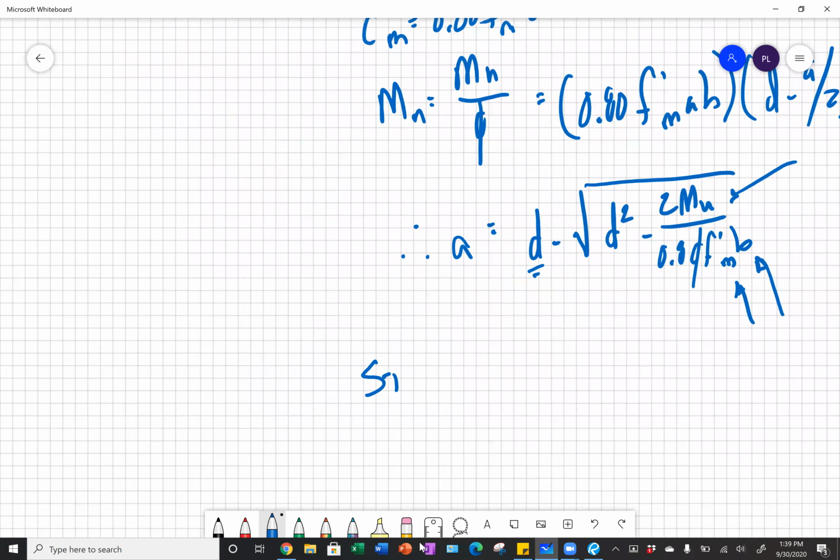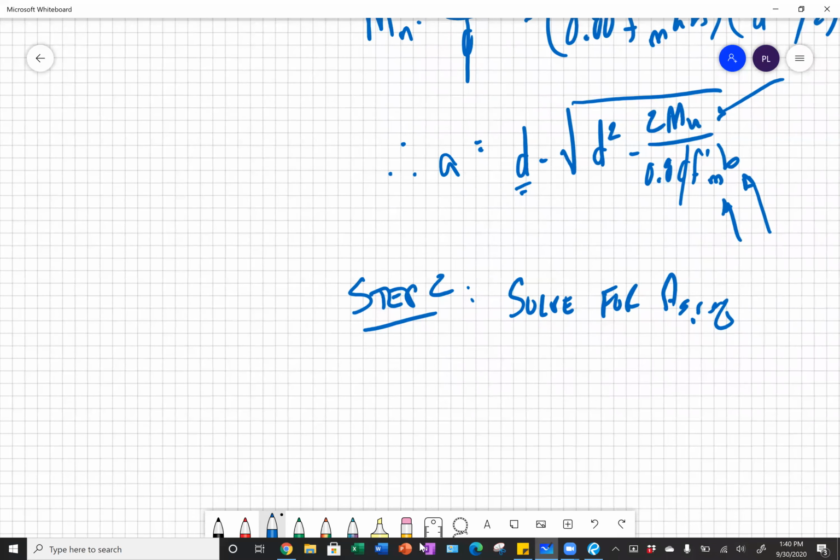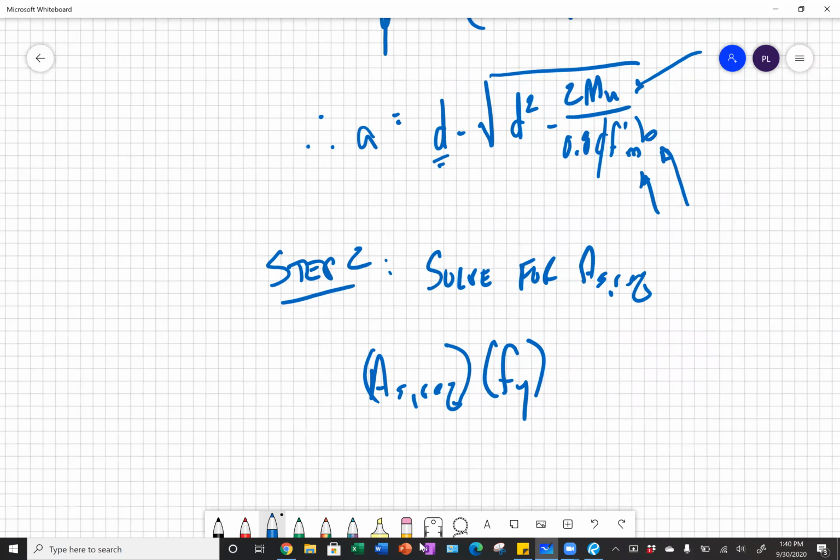So then step 2, once we know what our A value is, we can solve for our required area of steel, As required. And As required times Fy would be our tension force.